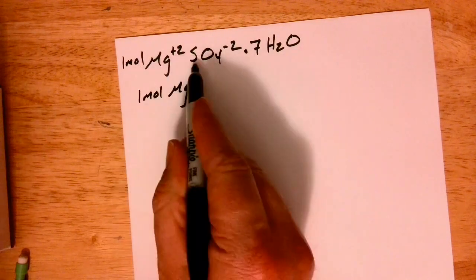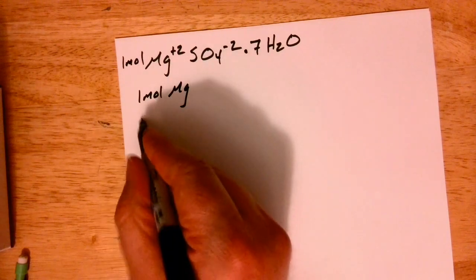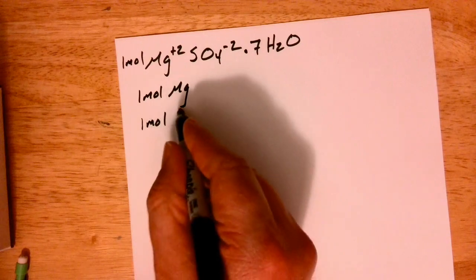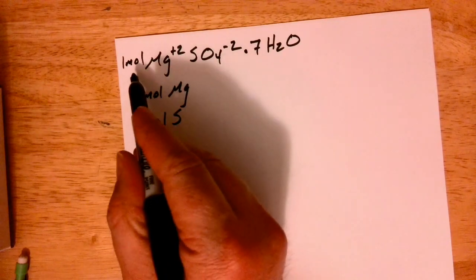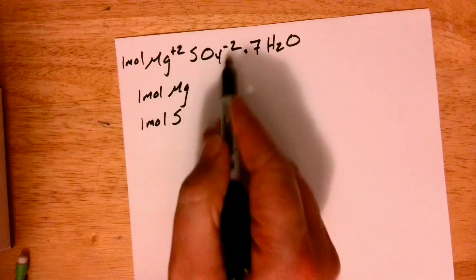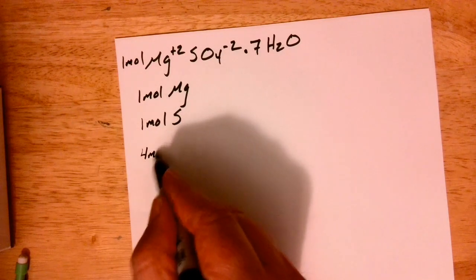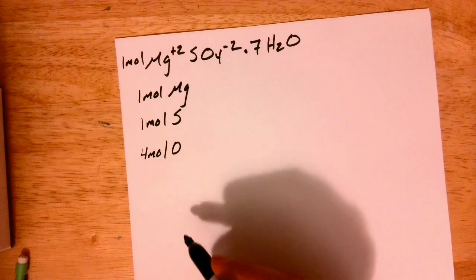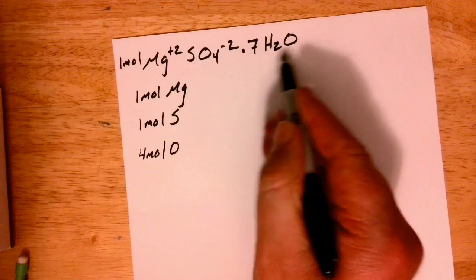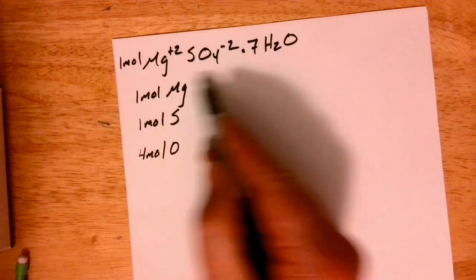You're going to have 1 mole of sulfur. For every 1 mole of magnesium sulfate, you're going to have 4 moles of oxygen.